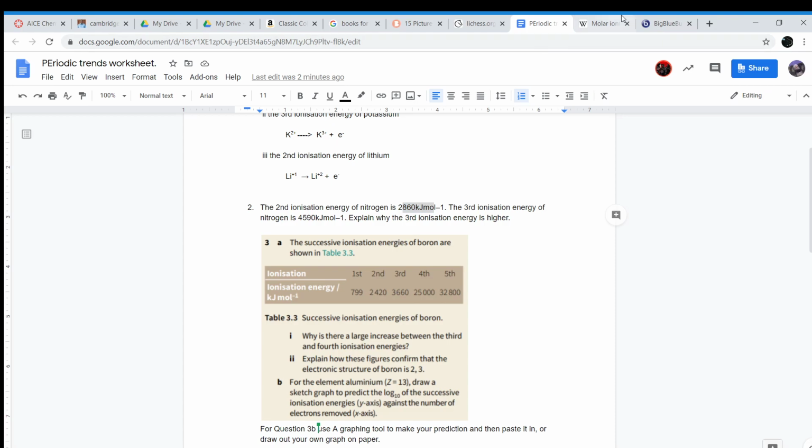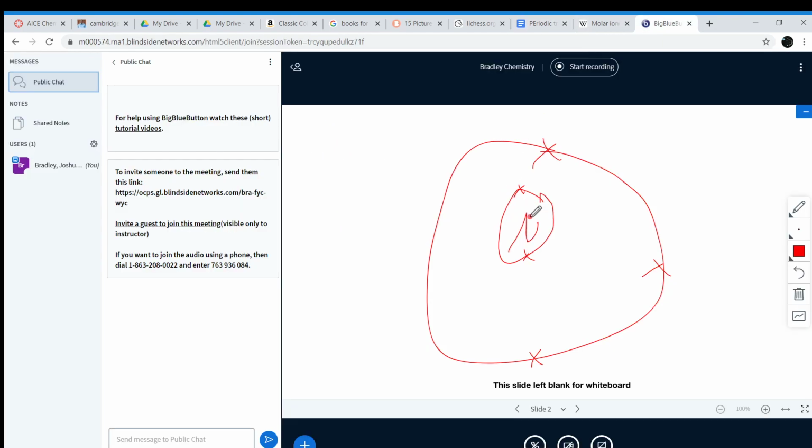Okay, so we've lost these electrons, and we lose a third. Well, what happens between the second and the third? Here on the second one, you had 7 protons that were pulling on 5 electrons.